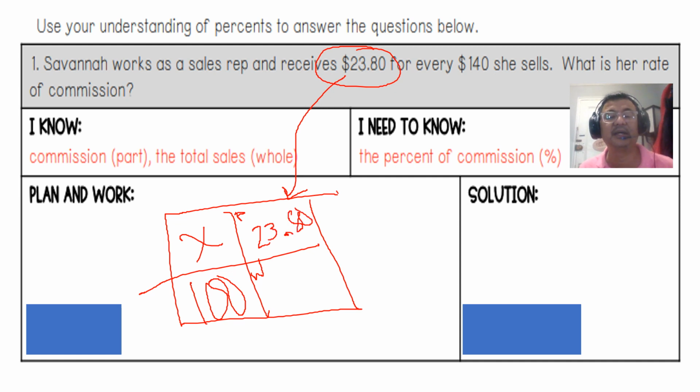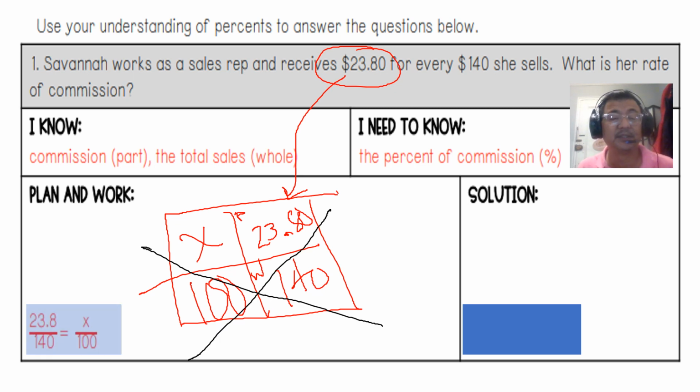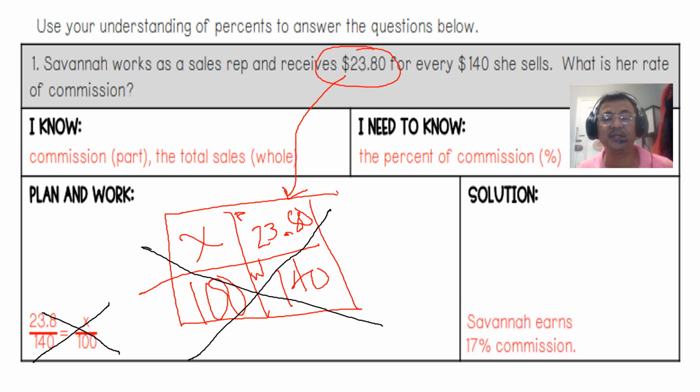And then 140 will be the whole. Then you solve using, the pattern is not obvious, so do your cross multiply. What does your equation look like? It's 23.80 times 100, that's the cross multiply, and then divided by 140, your result will be 17% commission. Got it?